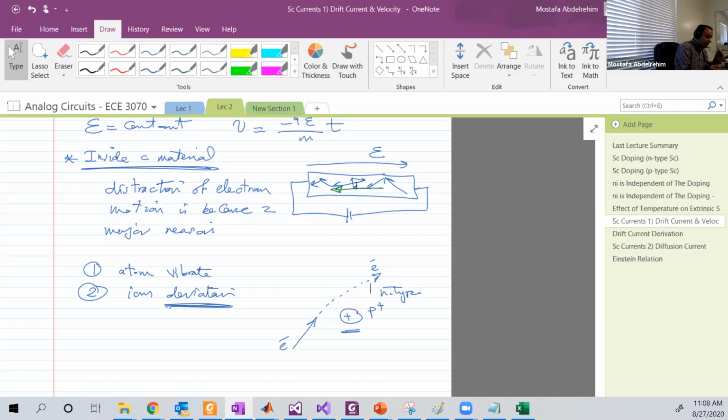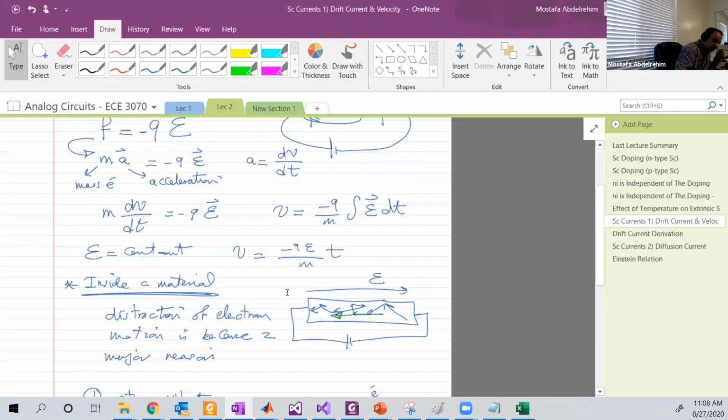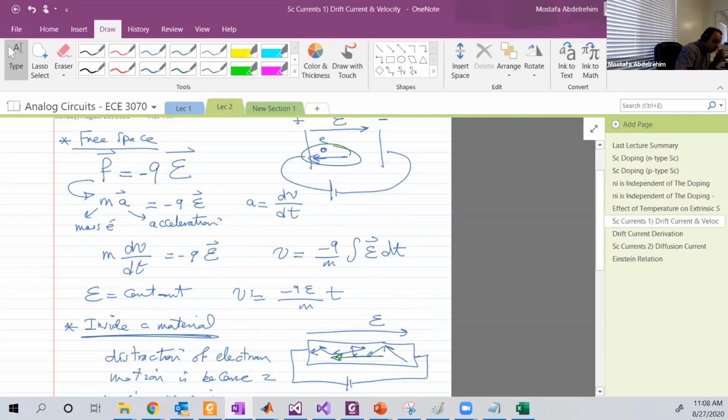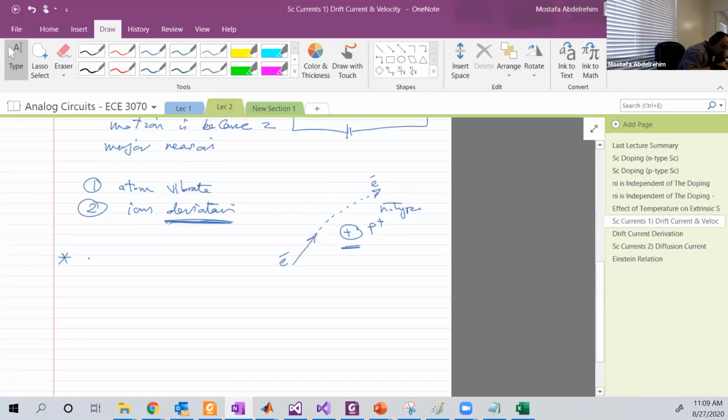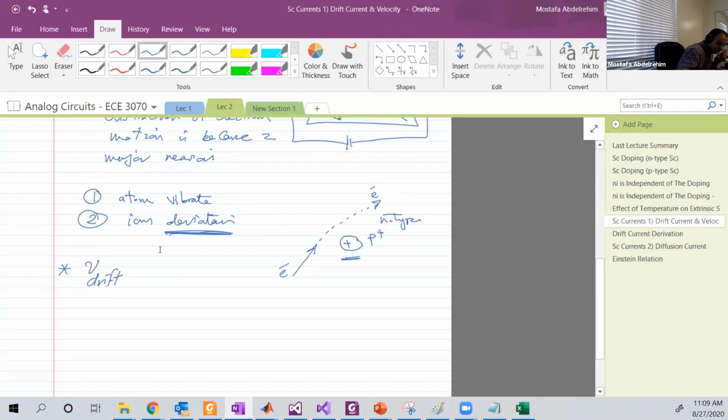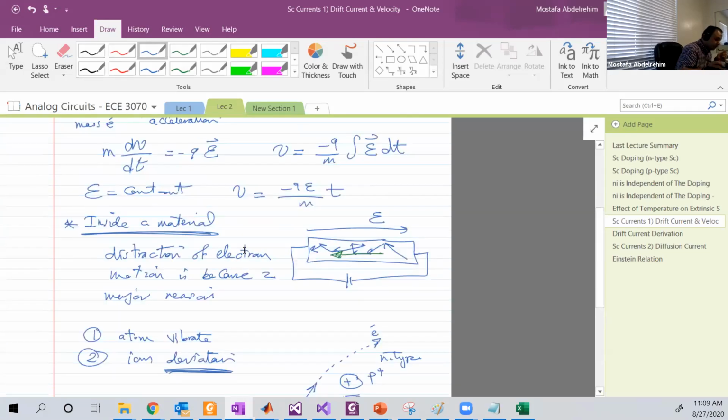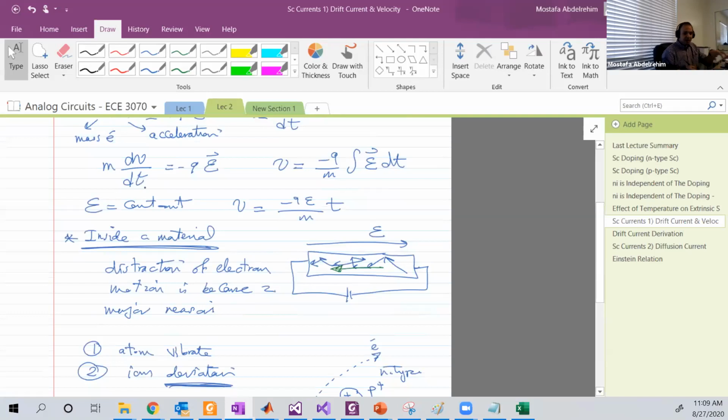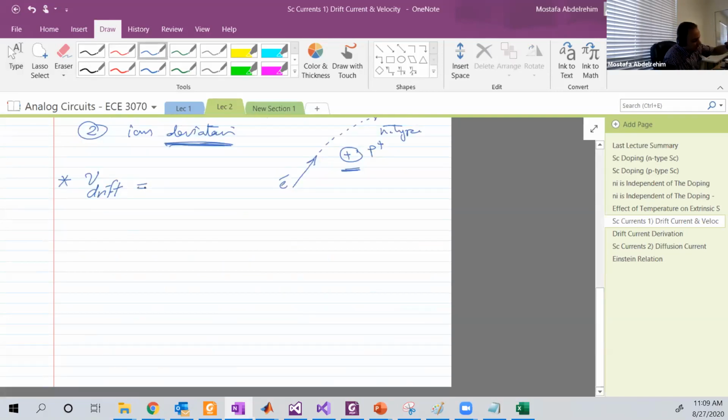Now, like what we did here, calculating the velocity, we need to know what's called V drift. This is also V drift, okay? But let's stress the naming in that context because we will see another type of current afterwards.